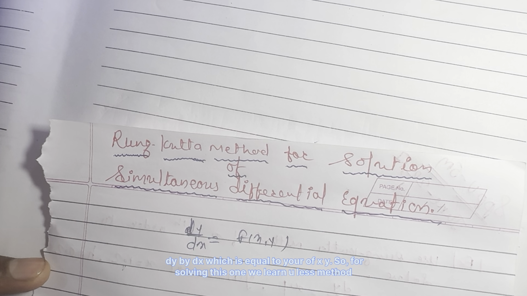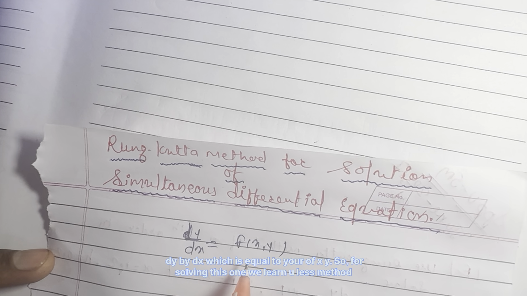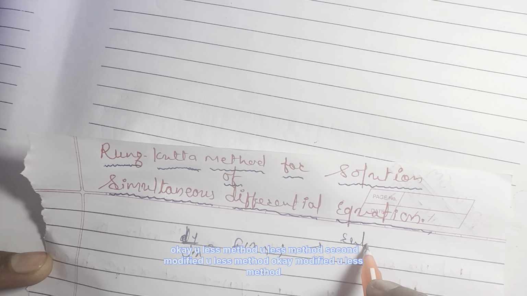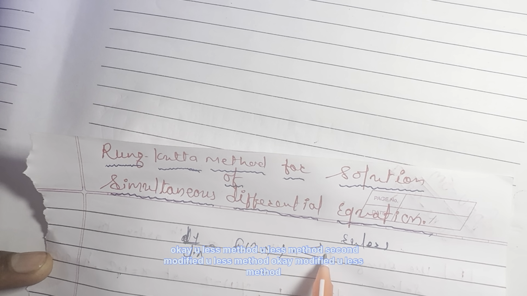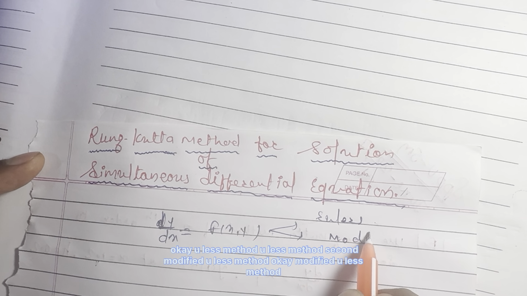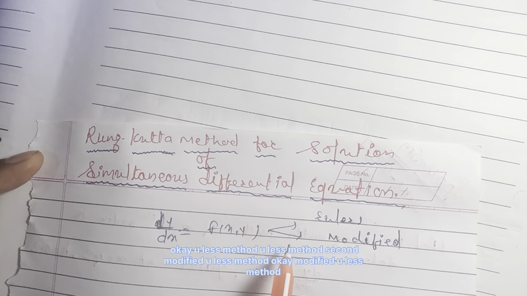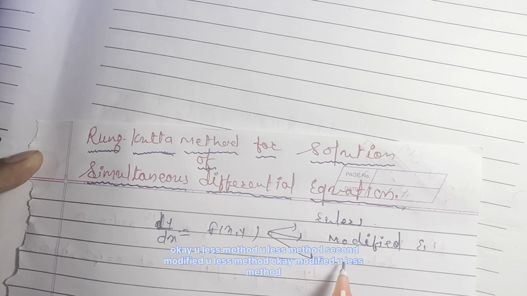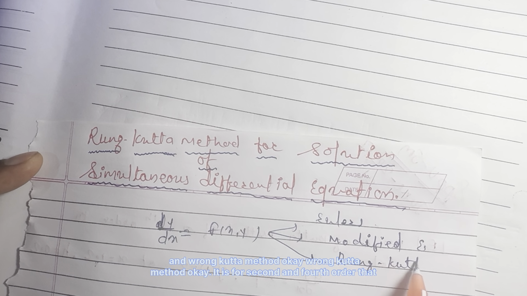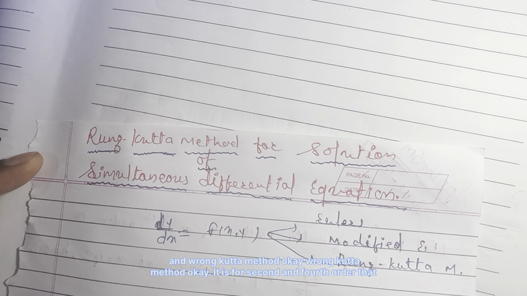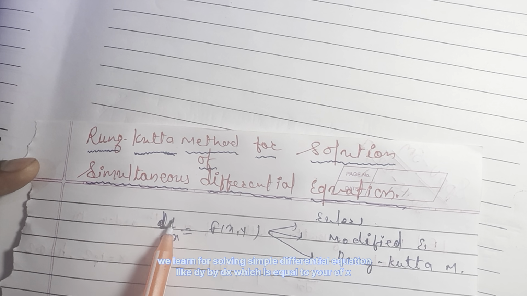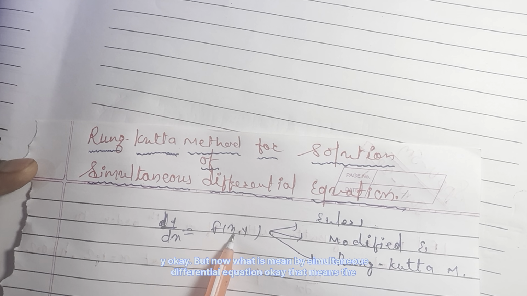For solving this one we learned Euler's method, modified Euler's method and Runge-Kutta method. It is for second and fourth order that we learned for solving a simple differential equation like dy by dx equal to f of x, y.